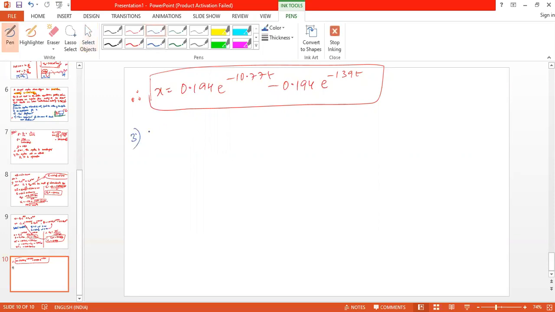And the third question is the maximum displacement. So how to get the maximum displacement?